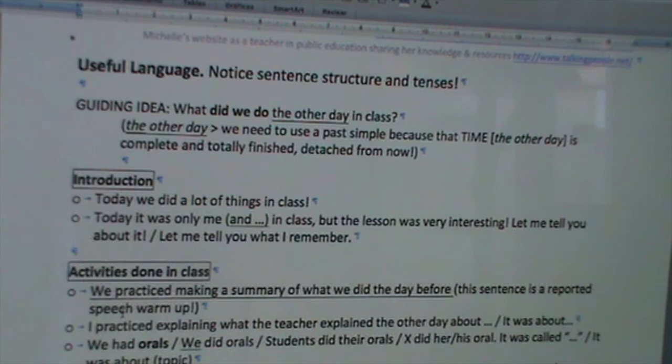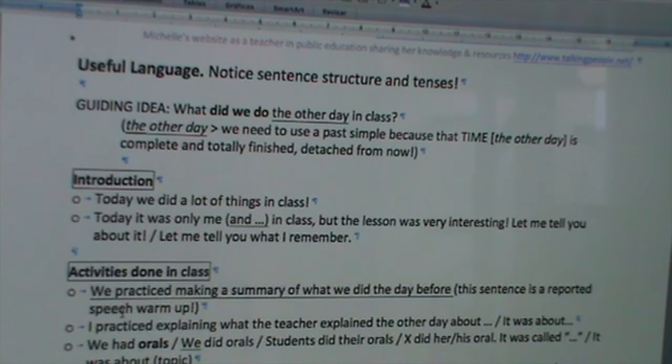So, guiding idea for whatever it is we write. What did we do the other day in class? The other day, okay? We use the past simple. What did we do the other day in class?